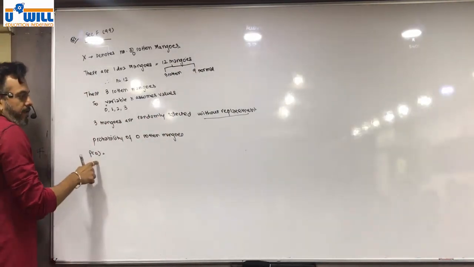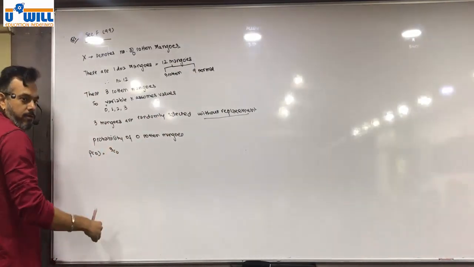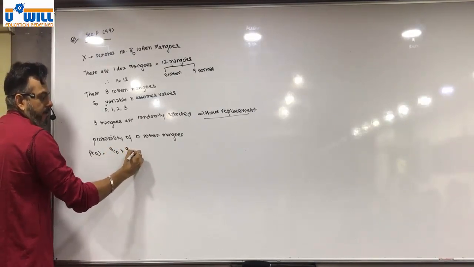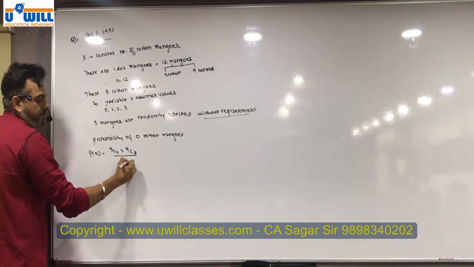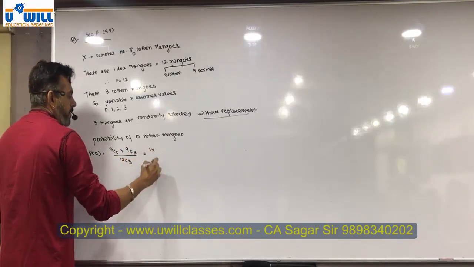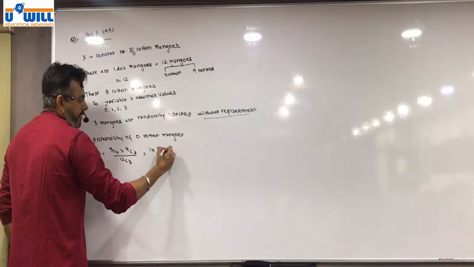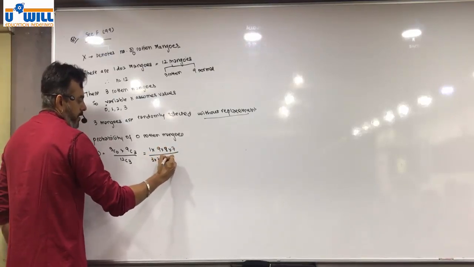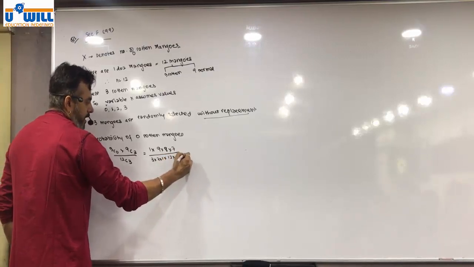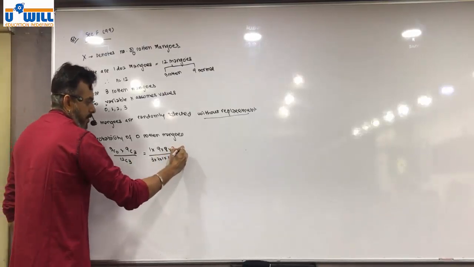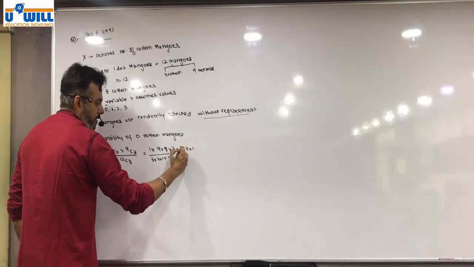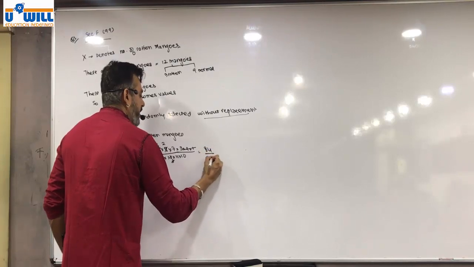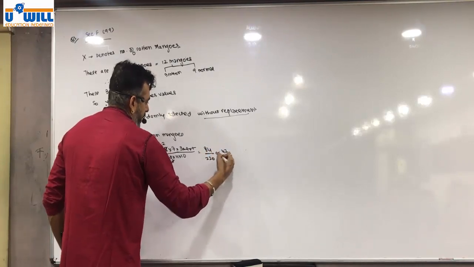Now, 0 rotten, so 0 out of 3 and 3 out of 9, 9C3, upon 12C3, which is equal to, what is 9C3? 9 into 8 into 7 upon 3 into 2 into 1, into 3 into 2 into 1 upon 12 into 11 into 10. Cancel 84 by 220 or 42 by 110.